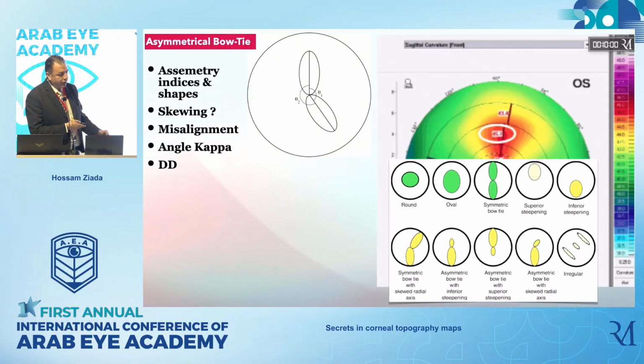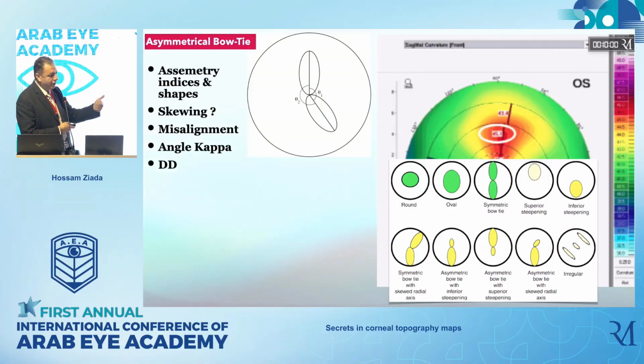Rather than the skewing and the abnormal shapes, you have to explain them by misalignment, by a large angle kappa, by corneal opacities, or if there is nothing to explain, suspect this patient as keratoconic until proved otherwise.